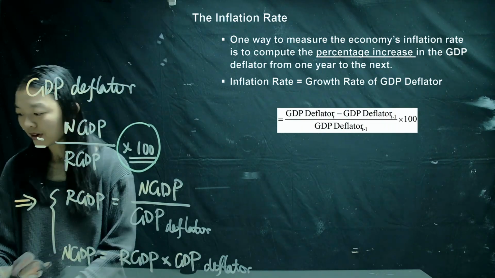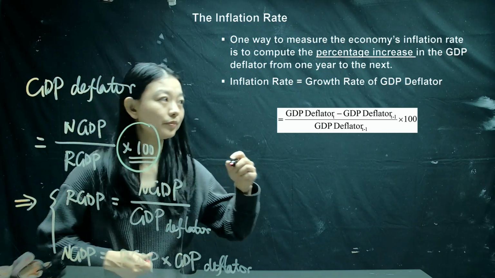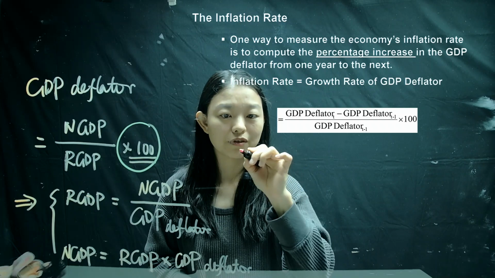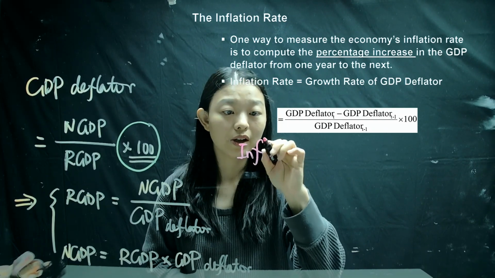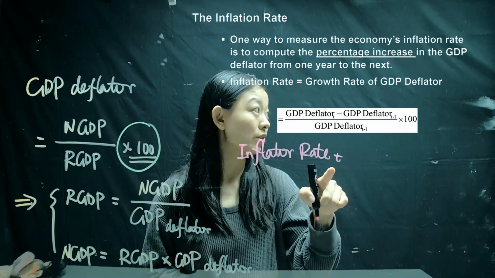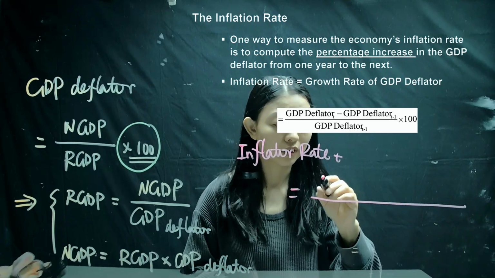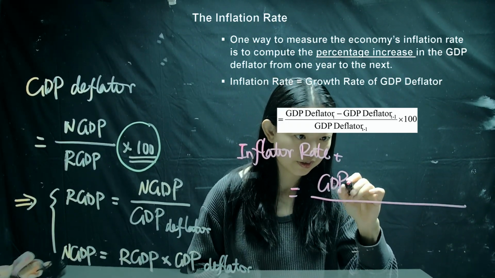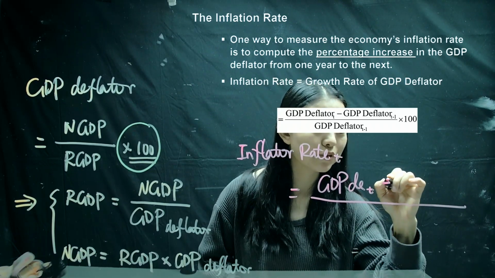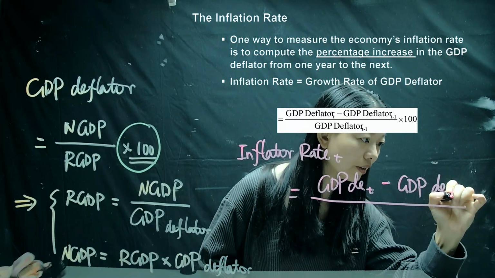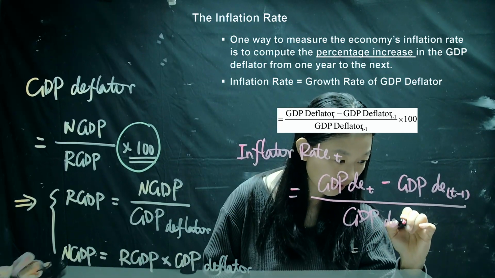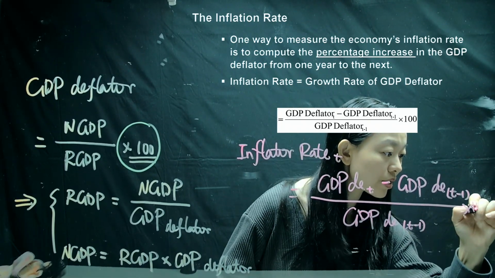So how can we get the inflation rate? As shown from this formula, if we want to get an inflation rate in the year T, we need to use the GDP deflator in this year, subtract the GDP deflator in the previous year, and then divide by the GDP deflator in the previous year, times 100%.